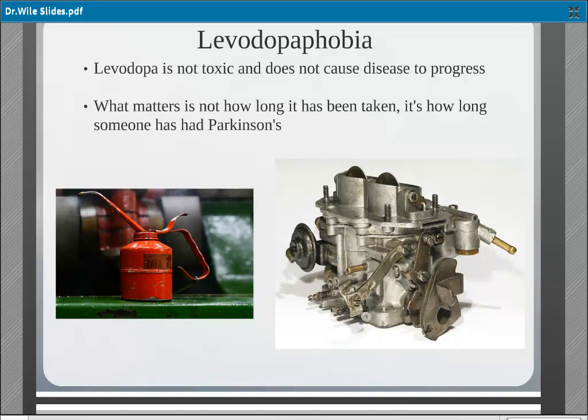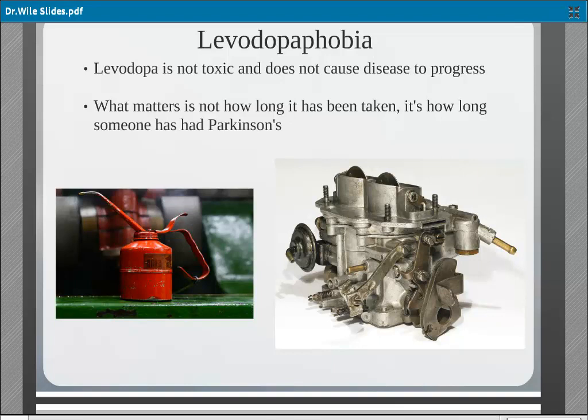Basically, I think the purpose of this analogy is to say that the effects of levodopa that people are worried about, like dyskinesia, depend on the disease and the medication, not just the medication. So if you don't have Parkinson's, then you could take all kinds of levodopa and you would not get dyskinesia because your brain knows how to handle dopamine properly.